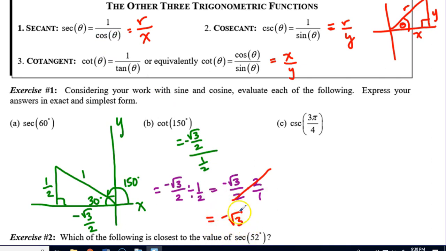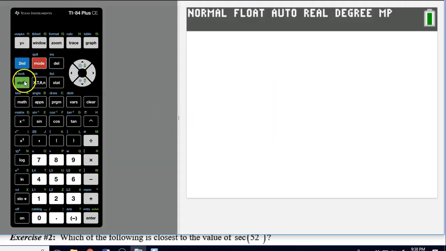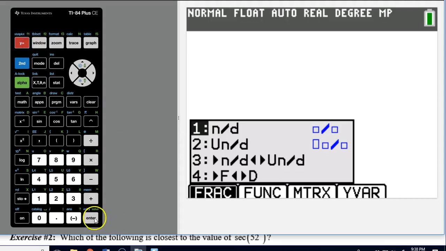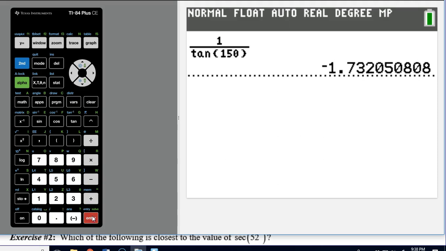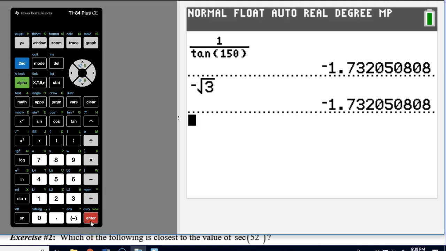It's just going to give me the decimal. So back to this problem, cotangent 150. We're going to enter it as a fraction: 1 over the tangent of the angle 150 degrees. You might say, I'm not sure if that's right. Well, let's type in negative square root of 3. And yeah, that checks out.